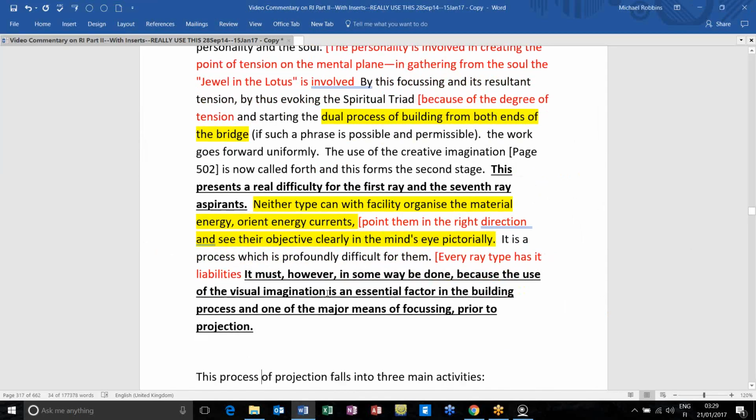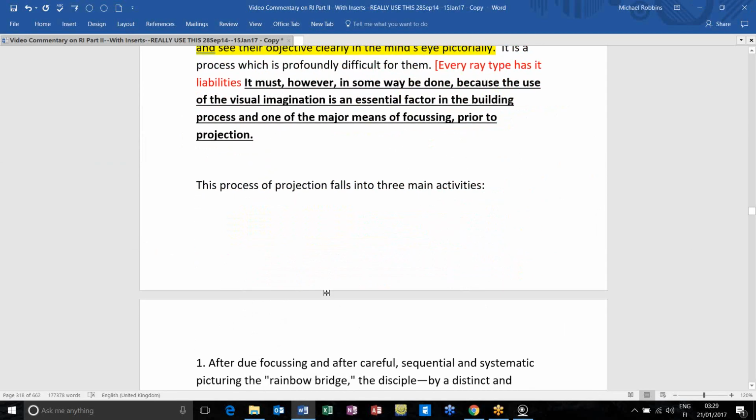Now, this process of projection falls into three main activities.